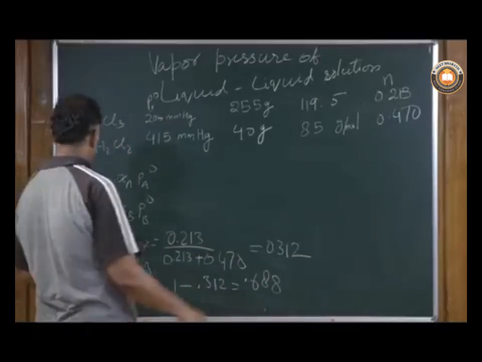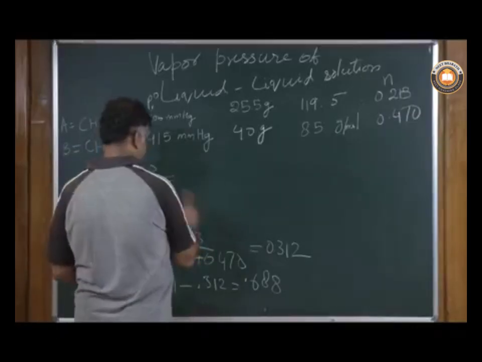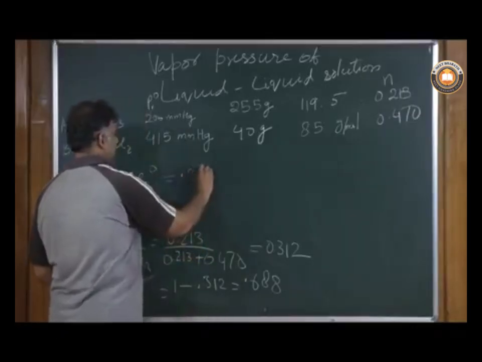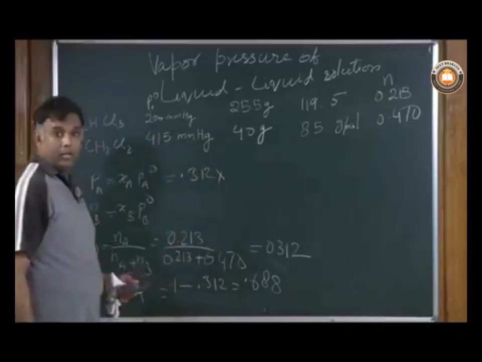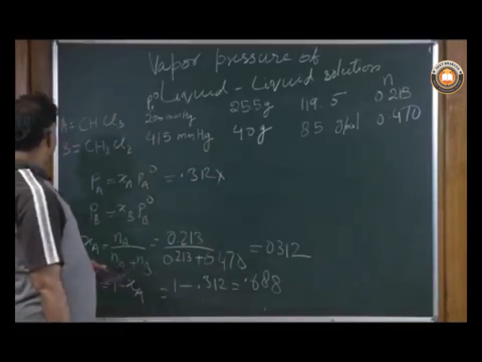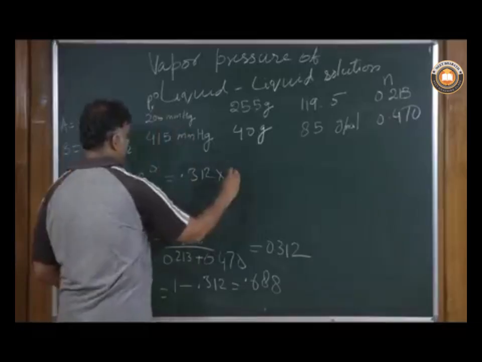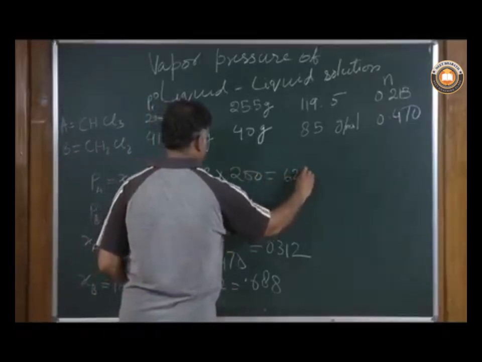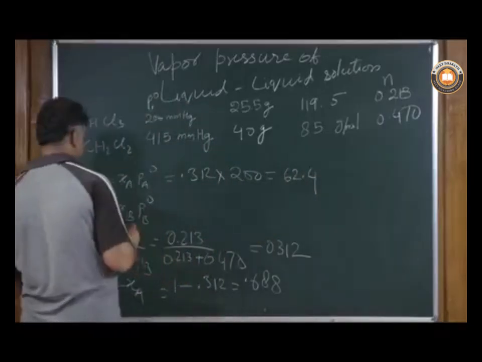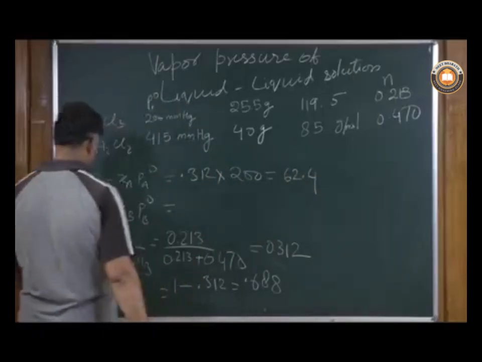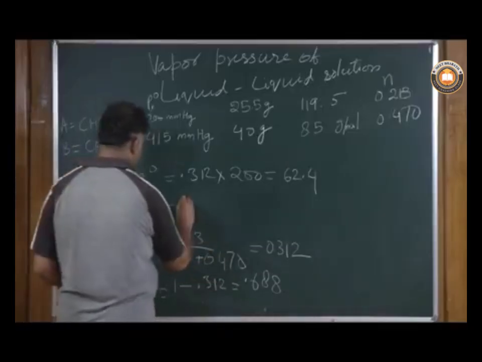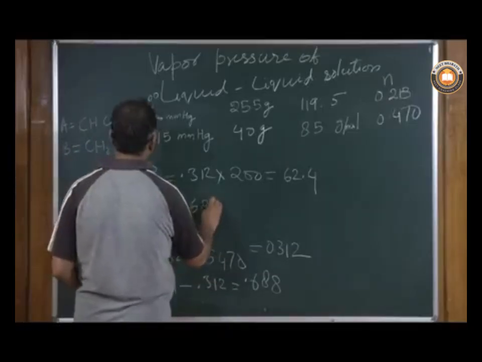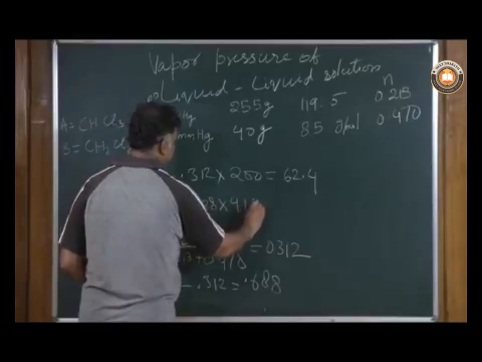The P A would be given by X A, we have calculated 0.312 multiplied by P A 0, which is given right here, 200. So, I get 62.4. And the P B, okay, X B is given here 0.688 multiplied by 415.